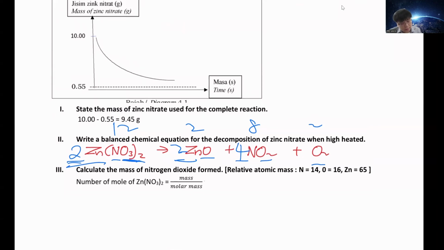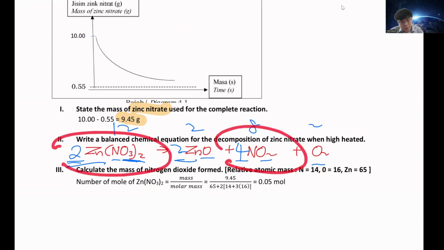Okay, first thing, since I know the zinc nitrate we used up, we must convert to mole first. So 9.45, then zinc is 65, bracket 2, I put a 2 bracket here. After that, N is 14, then oxygen is 16. So I'll get 0.05 mole. So based on the ratio, this and this ratio is 2 to 4.